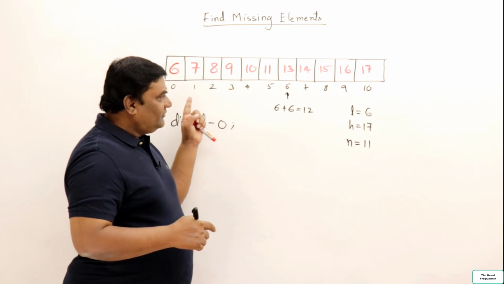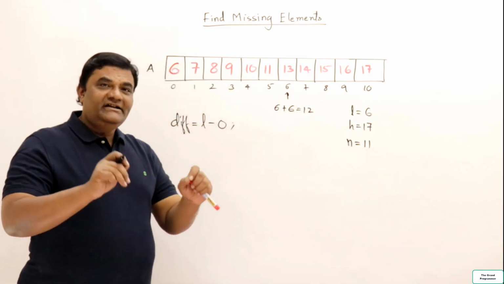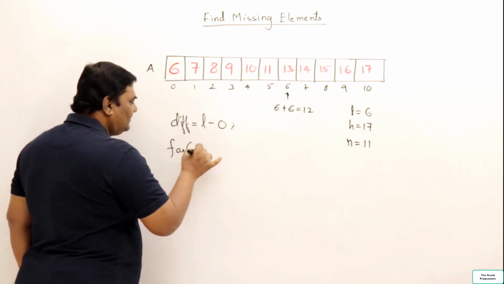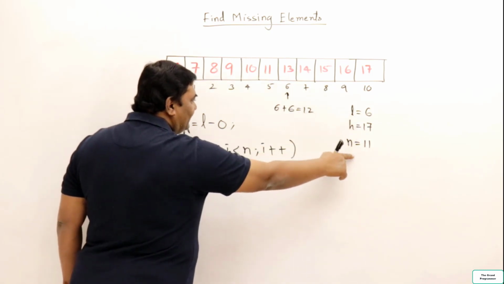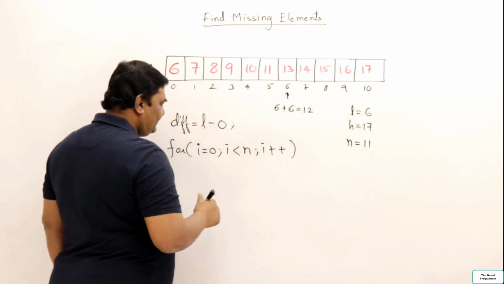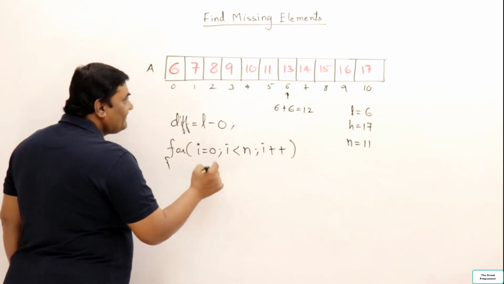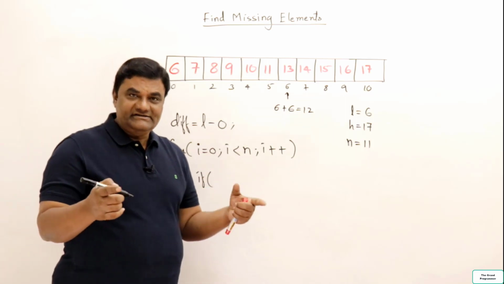Now using a for loop I can scan through the array, and every time I should check that the difference maintained is 6 only. So for i starts from 0 and up to n, that is i less than 11, the last index being 10. What should I do every time? I should check, for every element, whether the difference is not 6.